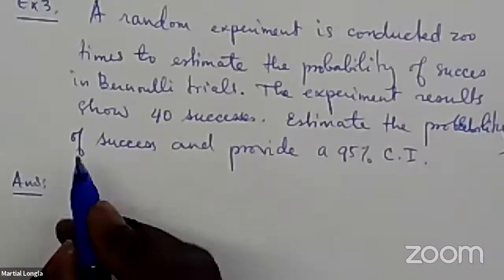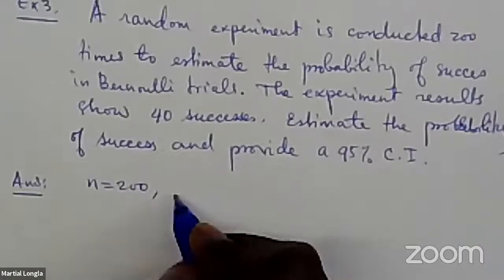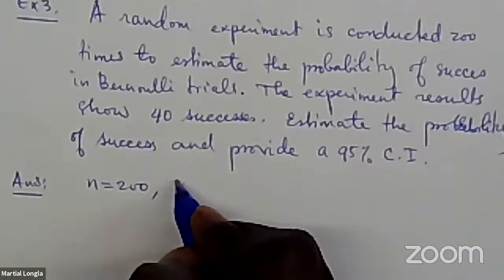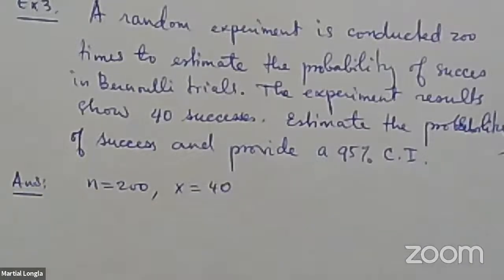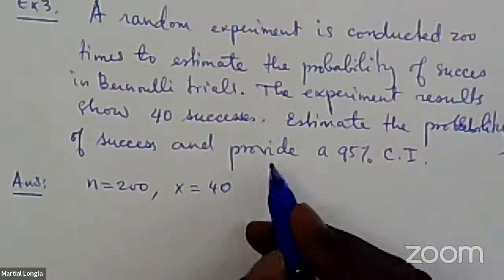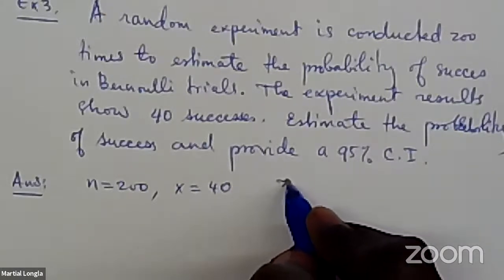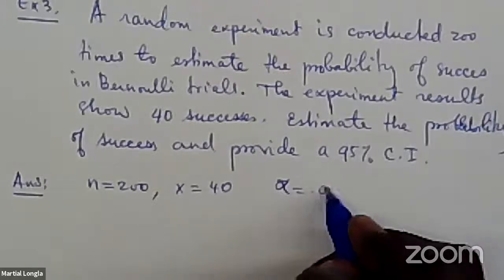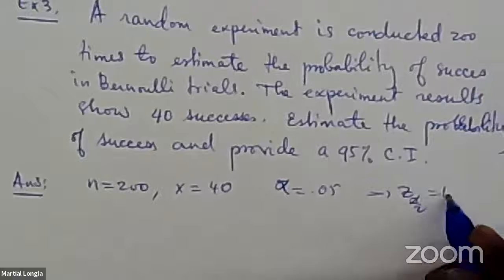will go as n equals 200. Number of successes is 40. That's the sum of xi's. Alpha is 0.05, which means z alpha over 2 is 1.96.